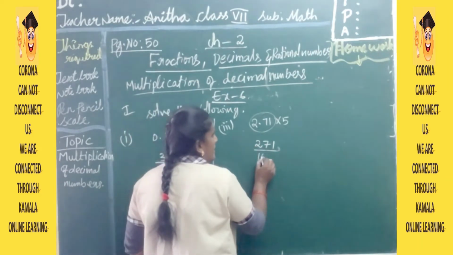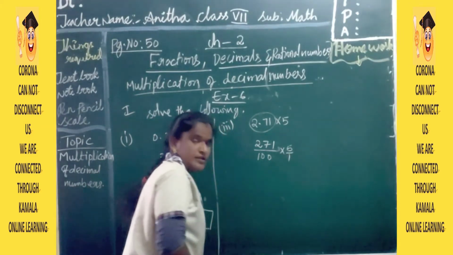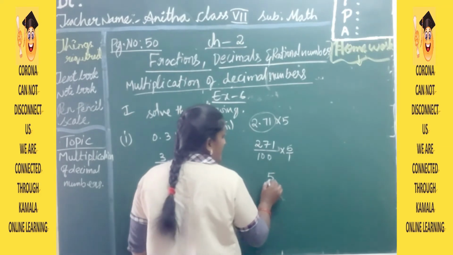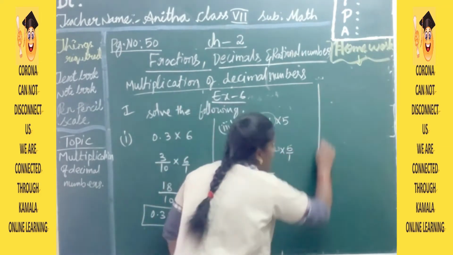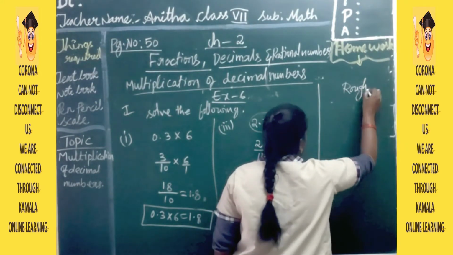271 by 100 into 5 by 1. 5 ones are 5, 5 sevens are 35. Or else you have to do it in rough space. This is the rough column, okay, children?